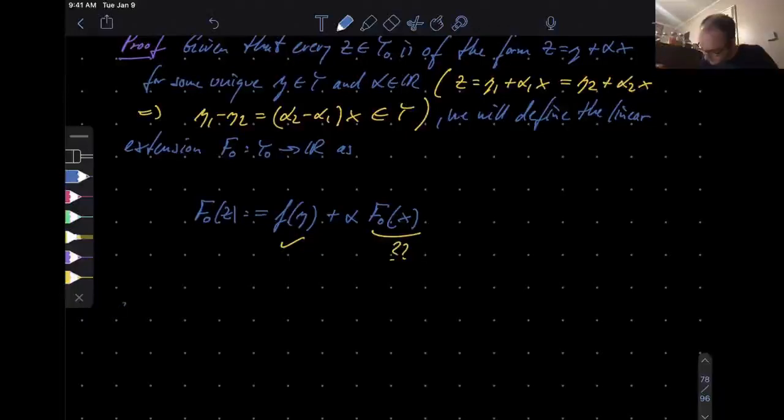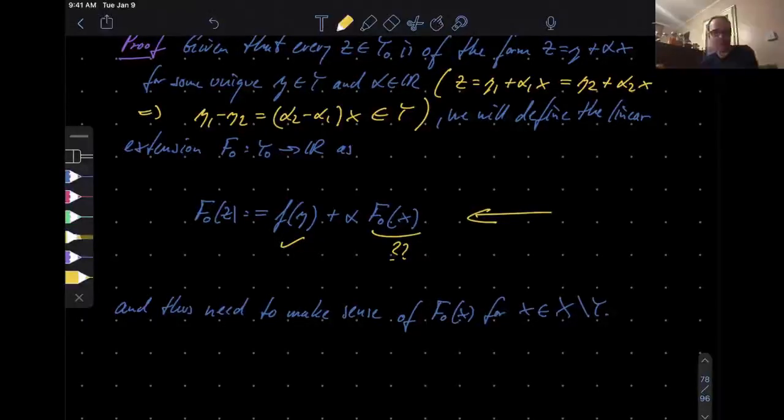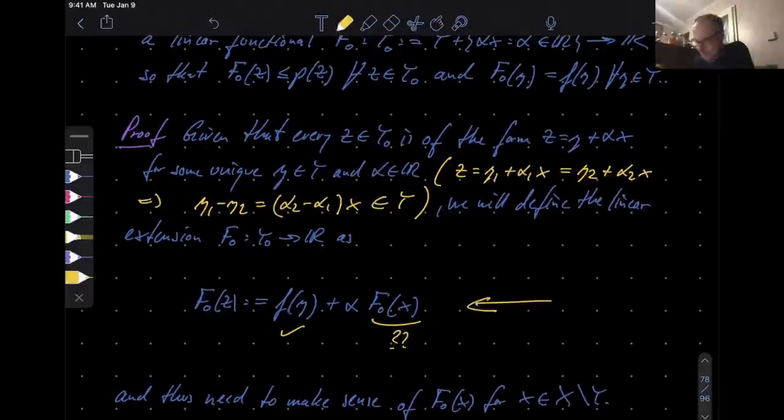And thus I need to make sense of f0 of x for x in, well, the complement of y. Why do you want it in this form? So remember, one of the properties that we want up there is that that extension reproduces the small f once you restrict your attention to the subspace, and that's precisely what this formula achieves, right?